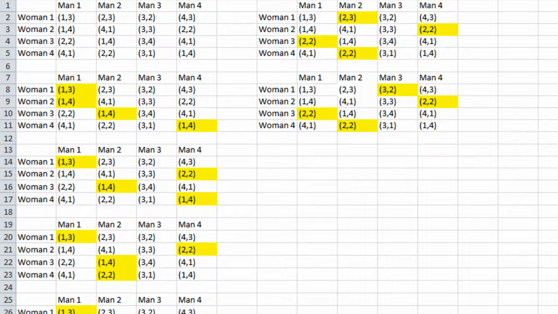We go to our second round. A rejected woman, woman 2, chooses her favorite man who hasn't already rejected her, and proposes to him. So woman 2 will propose to man 4. So now man 4 will have to reject woman 4.